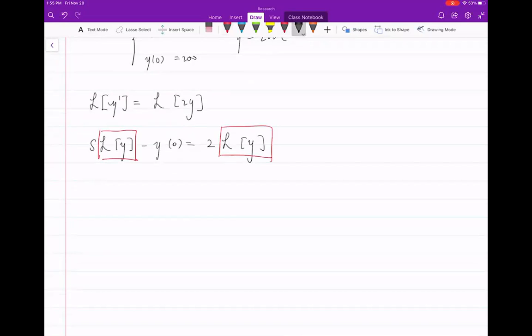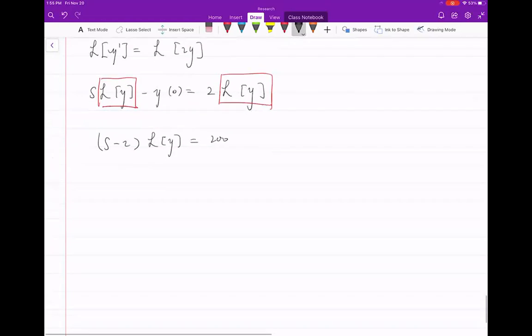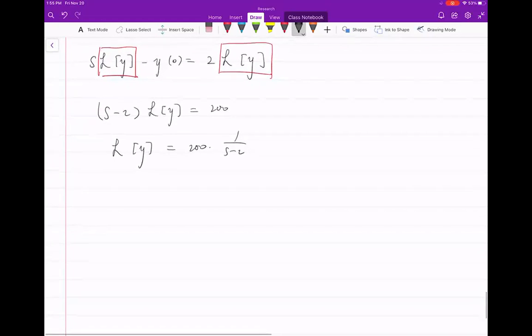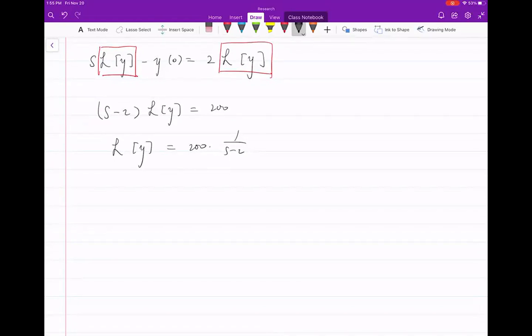They are the same, so let's move them all together. y(0), by the way, is 200, so let's just take 200. So L of y is 200 times 1 over s minus 2. Sounds good?